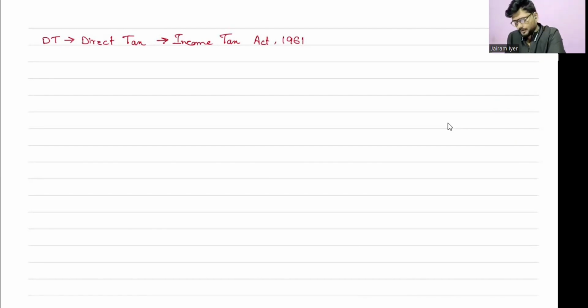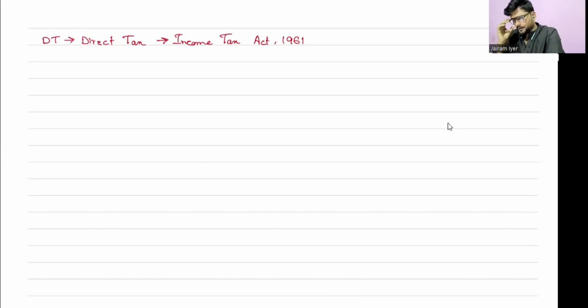Previously there used to be some form of indirect taxes, but in 2017 they were all subsumed into one tax, GST. But the Income Tax Act is as it is. Yes, there have been amendments from time to time and rules have changed, but the Act has never changed. It has remained constant.